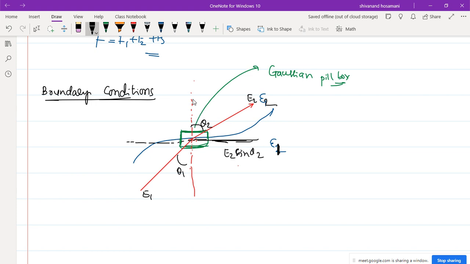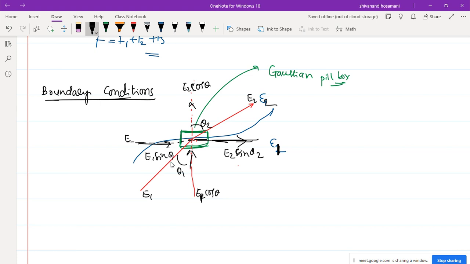What about the perpendicular component? It is E2 sin theta 2. Then the components on the other side are E1 cos theta 1 and E1 sin theta 1.